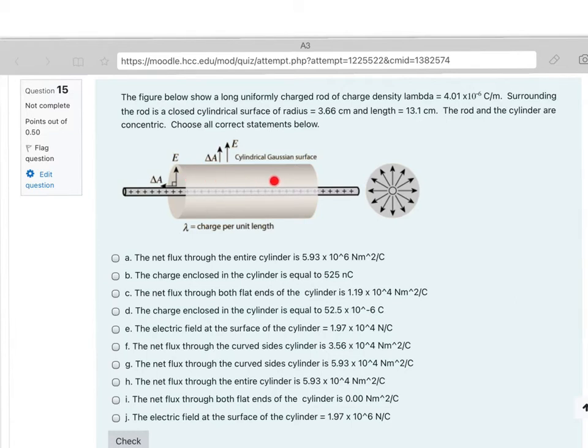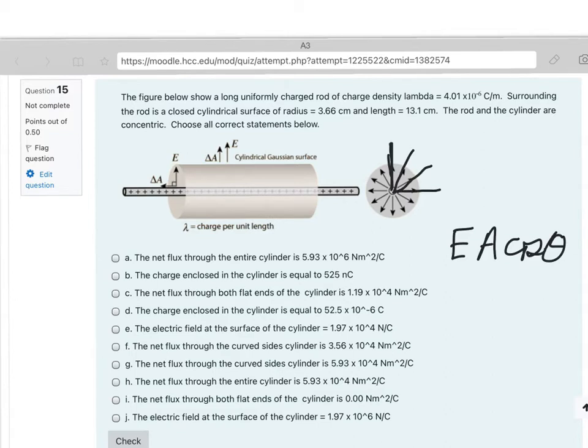And the flux through the can depends on the area of the can and the field going through the surface of the can. And you see the cosine of theta, it's going to always be 0 because the field lines go out normal to the surface.